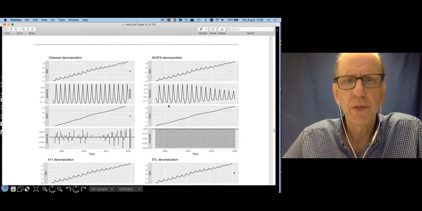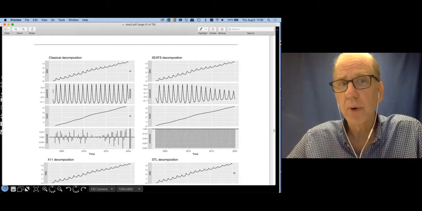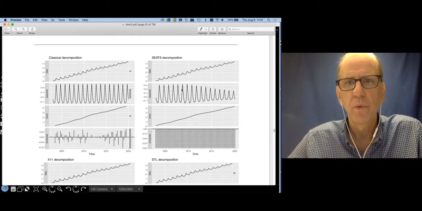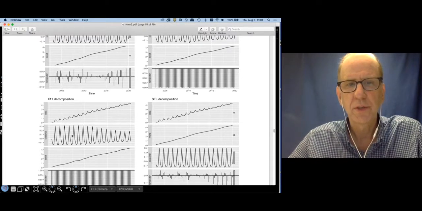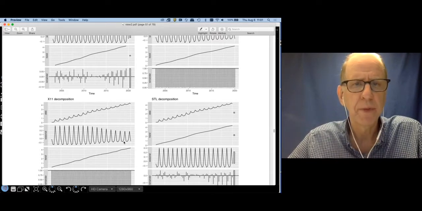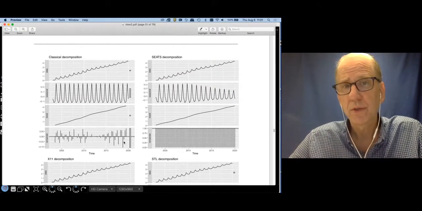Another feature to note is that the seasonal component is constant over time with the classical decomposition, just as I suggested, whereas with the SEATS decomposition and the X11 decomposition, the seasonal component is decreasing in amplitude over time. Now, what's really happening here is that the log transformation is a little bit too strong.